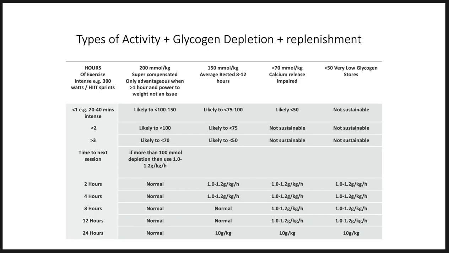So when we start looking at how maximizing glycogen stores, we can see I distilled this from quite a few papers on carbohydrate replenishment, and you can see the best carbohydrate reloading strategies here that you can employ.